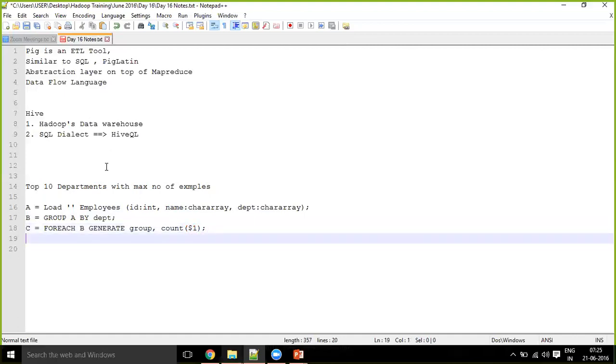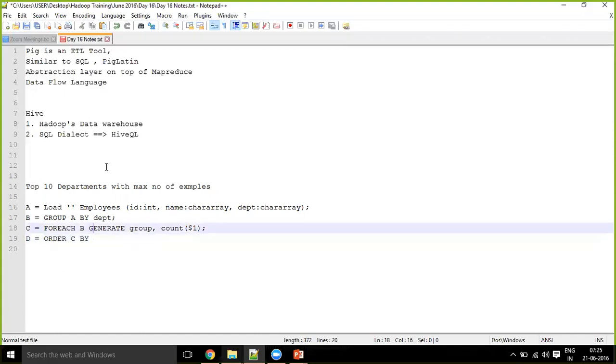Okay, now you get the counts. So we need to sort here. So D equal to order C by, as EMP or as count, any name you can give.